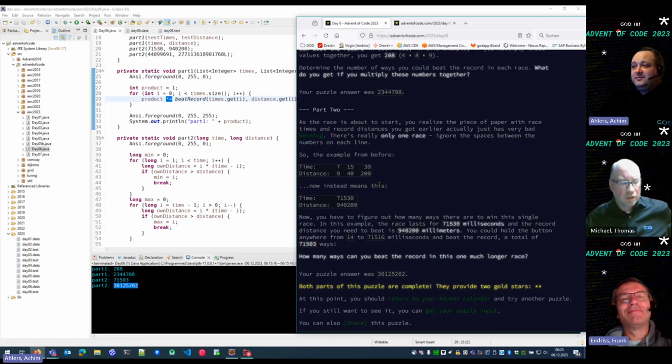But we jump ahead a little here because we haven't told what the twist of part 2 is. So okay, these times and distances that we got, they aren't 3, they are 1. So for part 2, we have just 1 race, but with way bigger numbers.